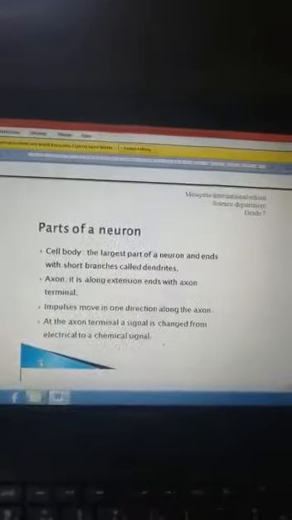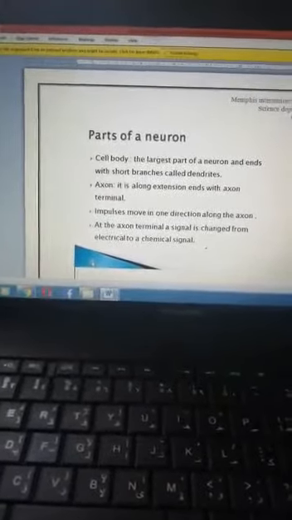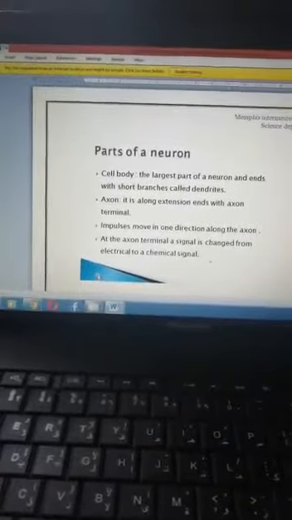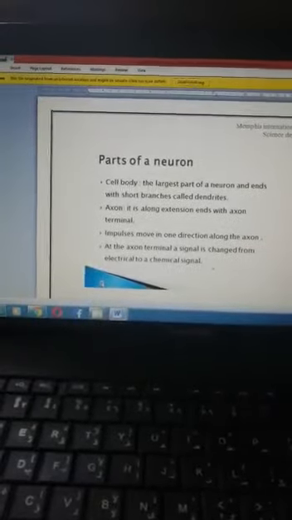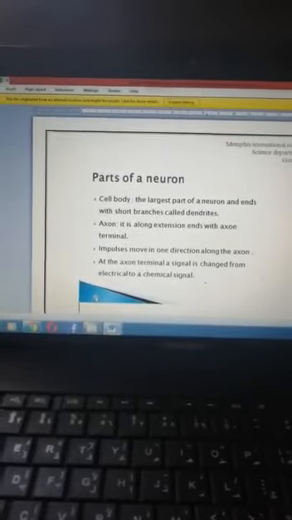Parts of neuron. It consists of cell body, axon, and axon terminal. Number 1, cell body, it is the largest part of a neuron and ended with short branches called dendrites. Number 2, axon, it is a long extension ended with axon terminal.